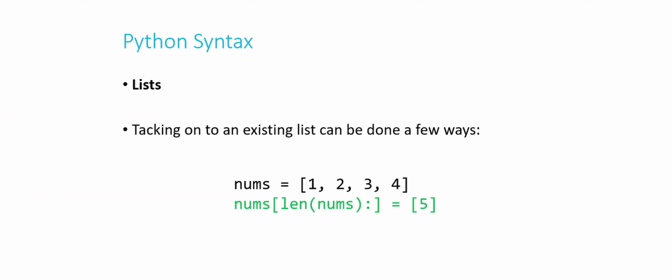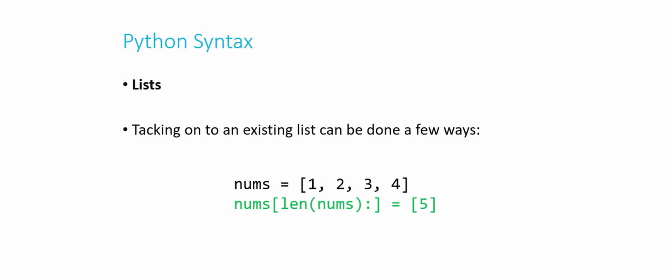This also does the same thing. Nums, square bracket, len, nums, colon, equals 5. A little bit weirder, but basically what we're doing here is creating another list, effectively, and splicing it on to the one that exists before. So I'm creating a new list.